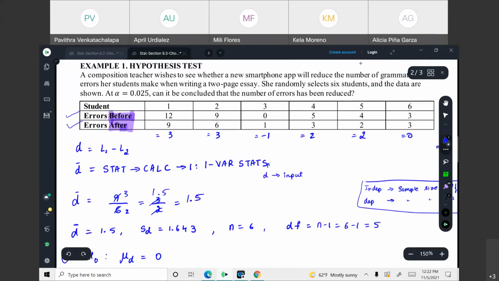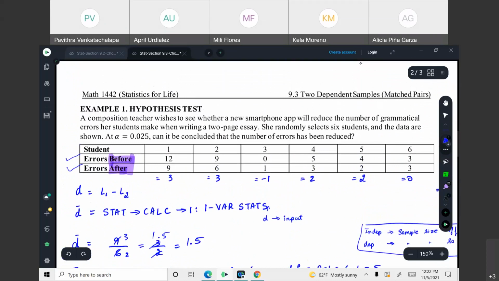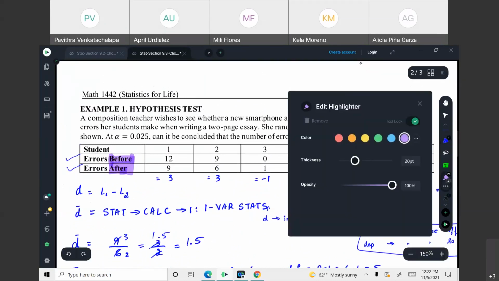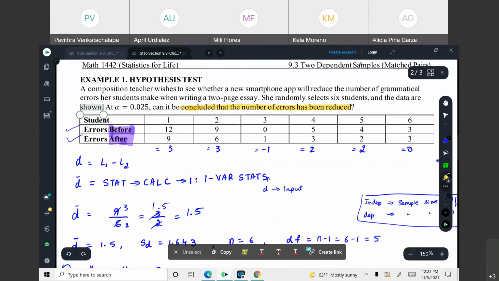Even if you read the question, there is nothing specifically mentioned, right? The claim is to check the number of errors, and that errors has to be reduced. So there is nothing given whether it is greater than or less than or not equal to.